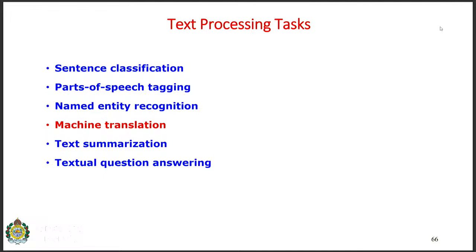And a very challenging task is machine translation, where we have text to text translation. Typically, we have text in one language as the input. This is called the source language. And we want to translate that sentence in the source language to a sentence in another language called the target language. And typically, the translated sentence need not have the same number of words as the source language sentence.